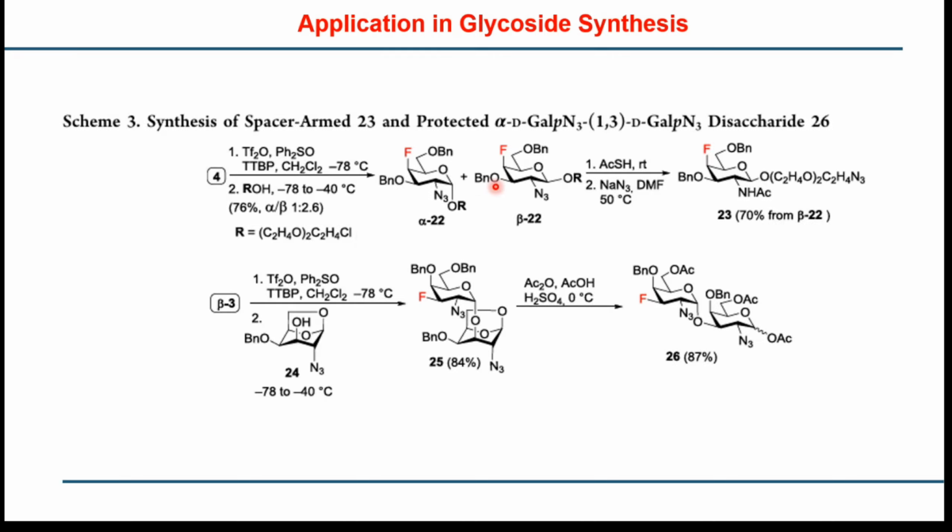They were able to separate out alpha and beta. Again, they modified this azide group to the NHAc by using thioacetate, followed by this SN2 reaction of this chloro to make it azide. Further, they coupled with azide by using click chemistry.